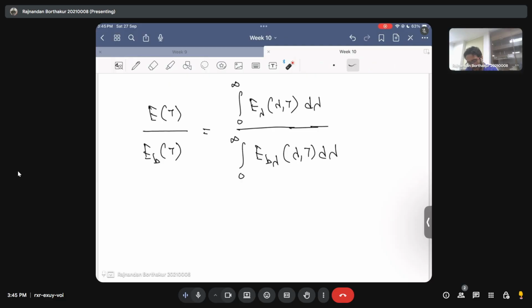This is obvious, right? Because the total quantity can be written as a spectral quantity integrated over all possible wavelengths, from 0 to infinity. I hope you can realize this.